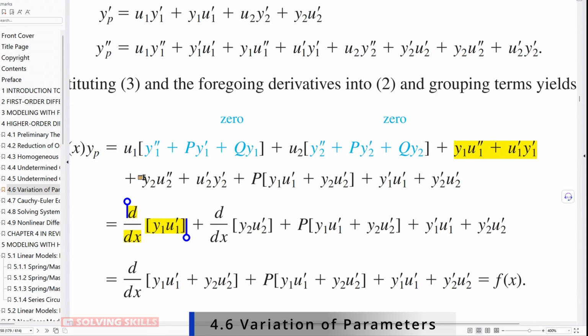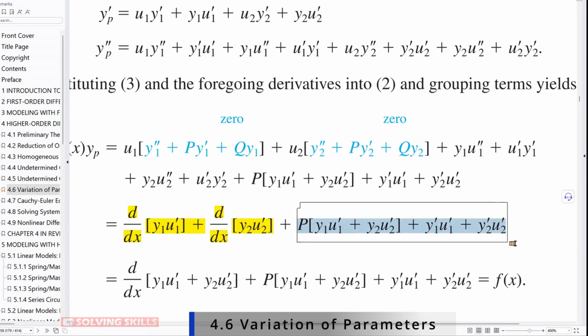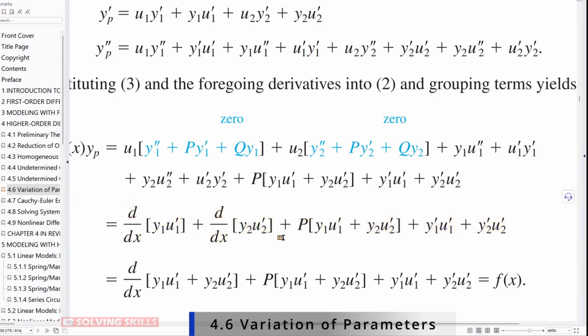Similarly, if you combine these two terms, you can write them as the product rule of y2 and u2 prime. So we have combined these 4 terms into these two product rules, and the rest of the 4 terms are in the same form.